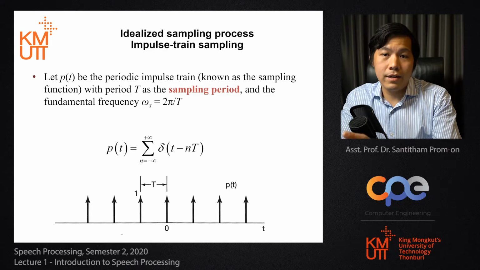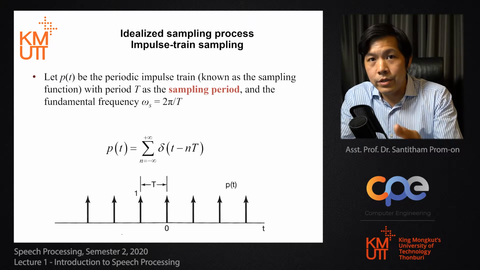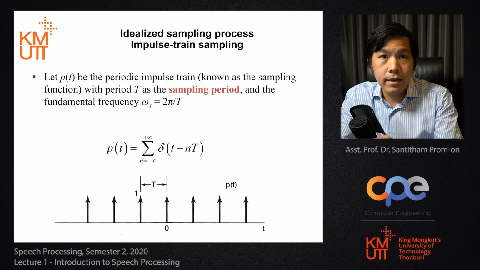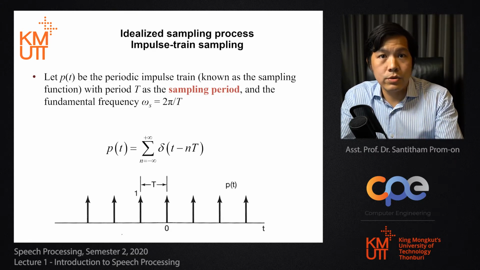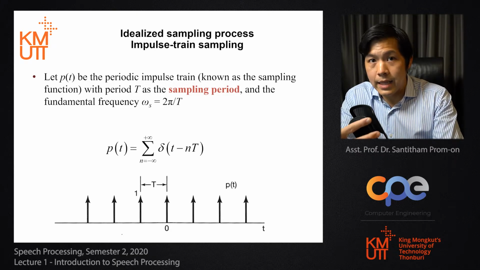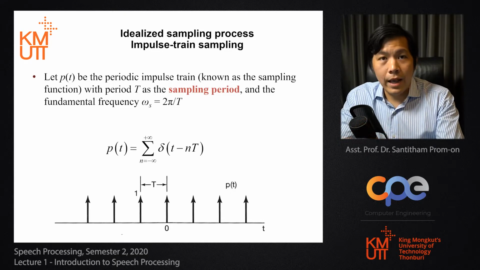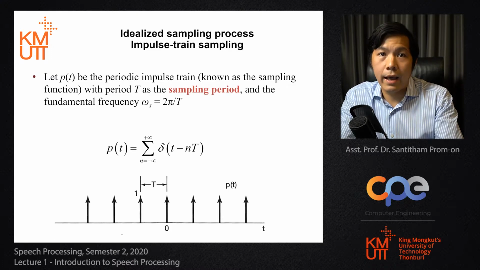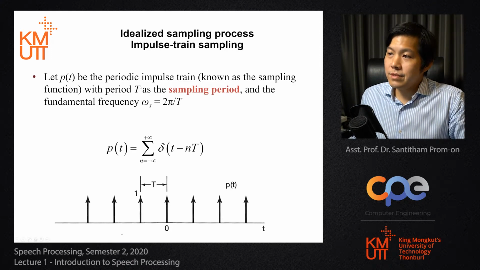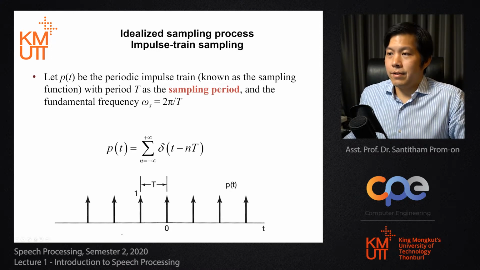Right? Like for recording, you may use 44K, 48K, which means that in 1 second you have 48 thousand samples, so the period will be inversely proportional to that frequency. This is the sampling period, okay?